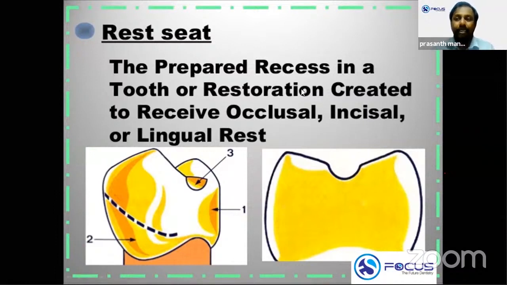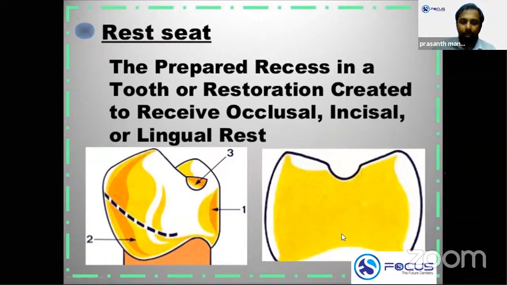And second thing, it is not that easy to place it also. There is no guide to place this rest. How can we assure that the placement of our removable partial denture is perfect or it has been seated to the perfect region? If the rest is seating over that rest seat, we can be sure that yes, our seating of the removable partial denture is okay. Clear.